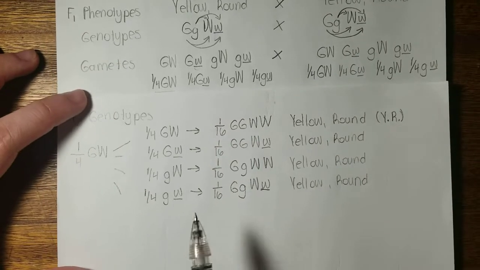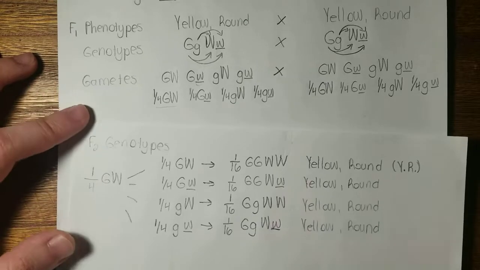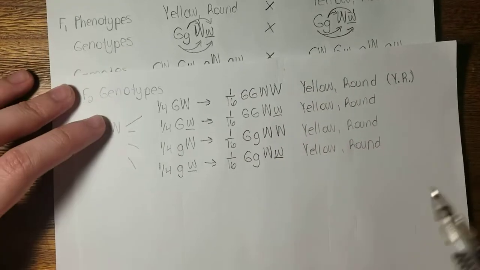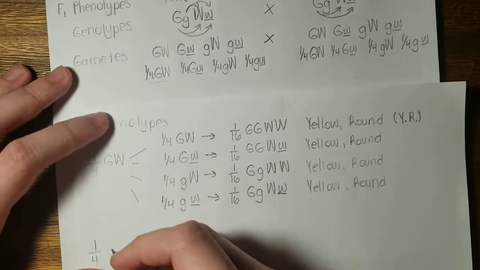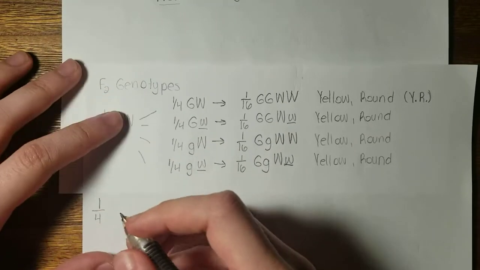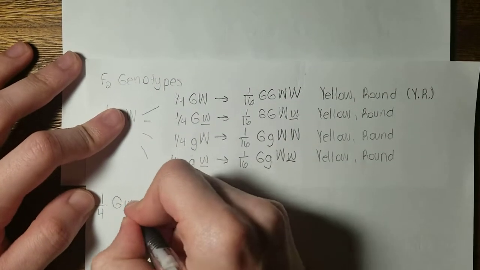Now we have to take the next one, which is 1/4 big G little w, and cross it with all 4 of these on the right side. 1/4 big G little w.